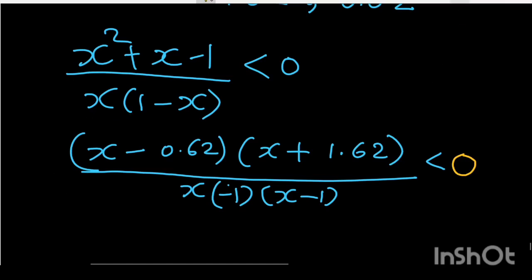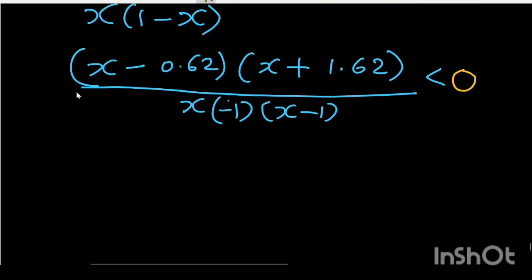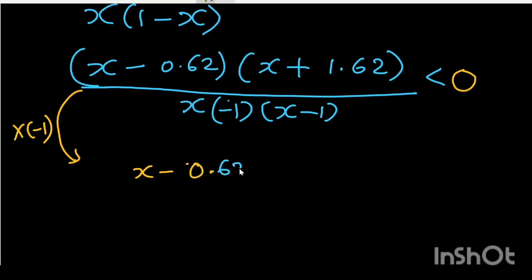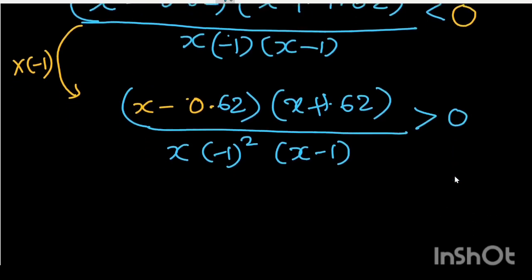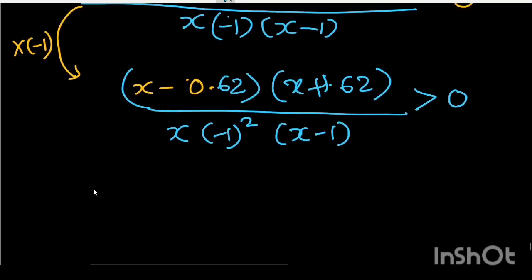Okay, so if you multiply by minus 1 on both sides, x minus 0.62, x plus 1.62, this minus and minus gets multiplied, it becomes minus 1 square, and the sign less than 0 becomes greater than 0, guys.